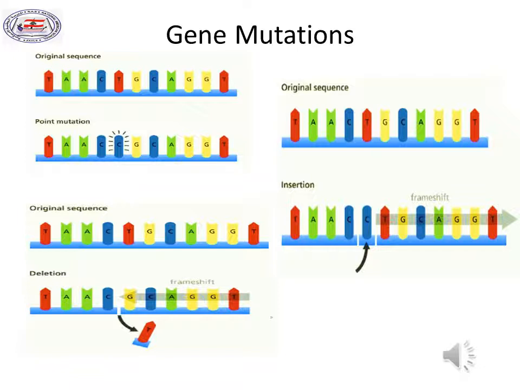To the left, you will see how thymine is deleted from the sequence, and how the frame shift is moving backwards. It started with 11 bases and ended with 10. This is why changes are dramatic in deletion and insertion, but not in substitution.